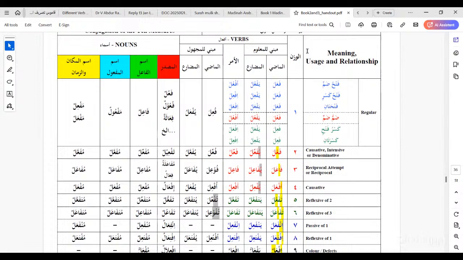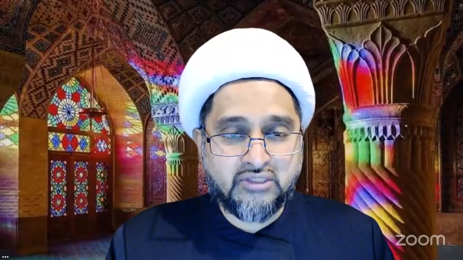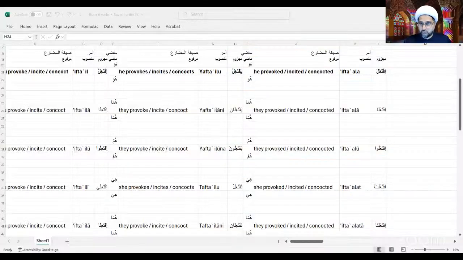Brilliant. Now I want to go back to where I was, and I want to explain this really important concept, and it will solve the problem for the rest of your course of this Arabic language. So far you have studied that whenever there's alif and ta, it gives the meaning of reflexive, passive, mutawa'a.